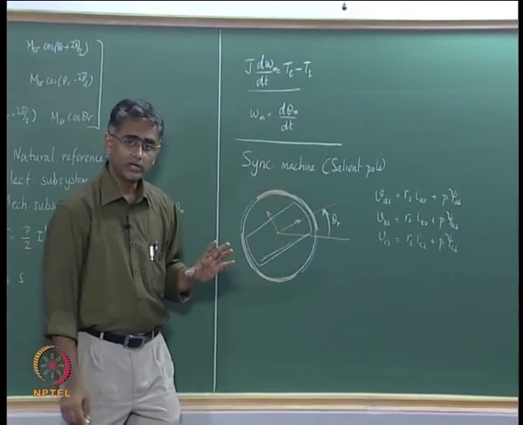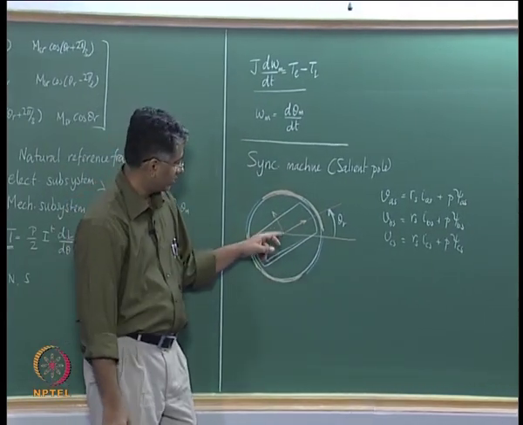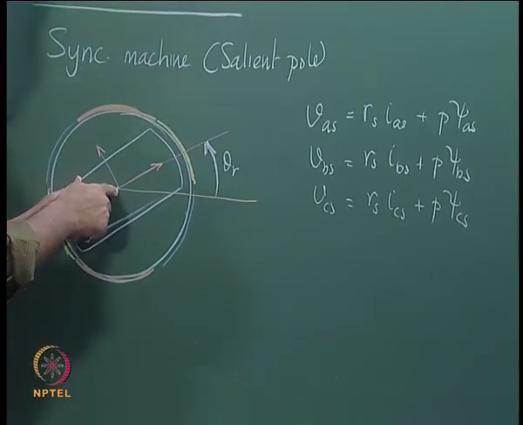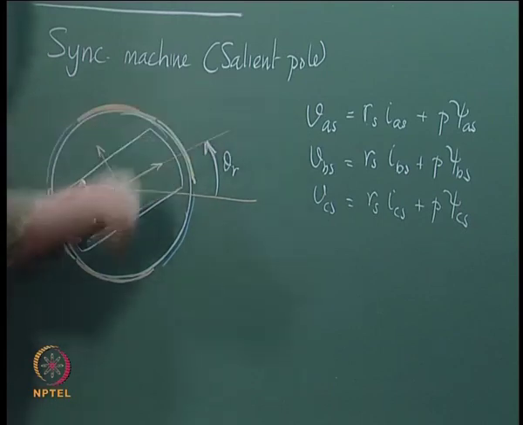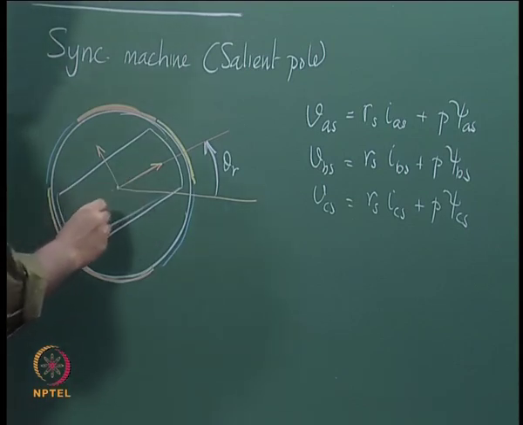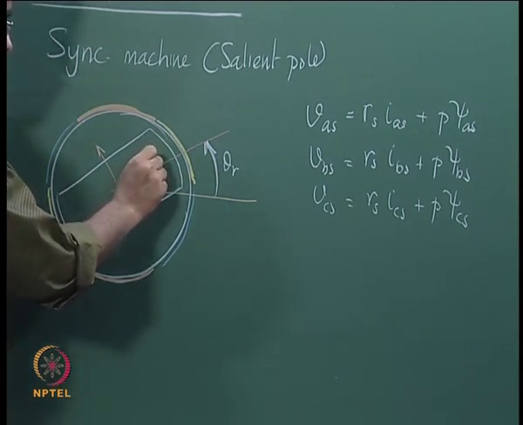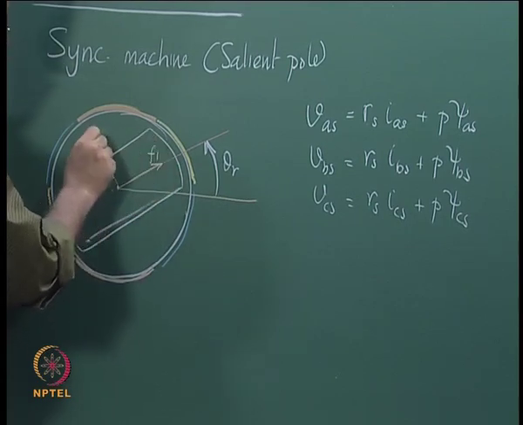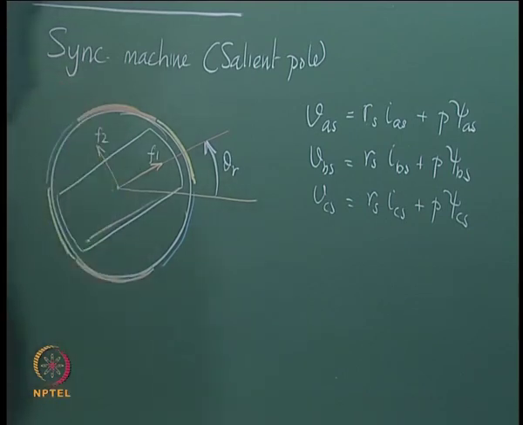These are the three windings on the stator, and now you have two more windings on the rotor, one generating an MMF along the pole phase axis, another generating an MMF perpendicular to the pole phase axis. We will call them windings F1 and F2.